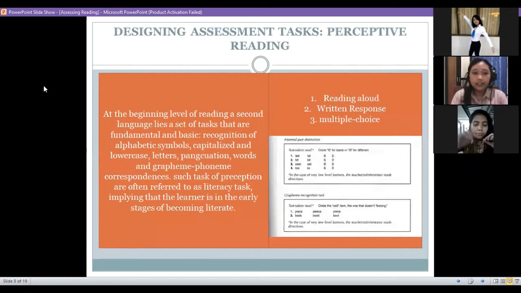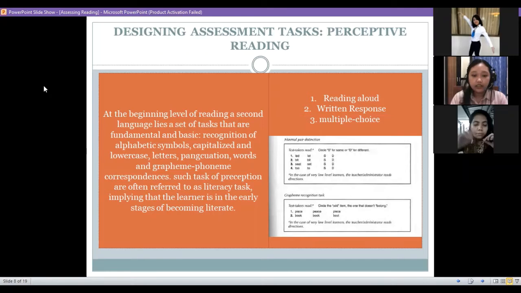Okay, the next is designing assessment tasks, perceptive reading. At the beginning level of reading a second language lies a set of tasks that are fundamental and basic: recognition of alphabetic symbols, capitalized and lowercase letters, punctuation, words, and grapheme-phoneme correspondences.